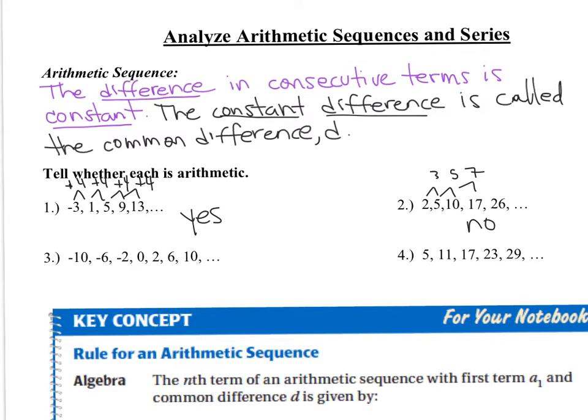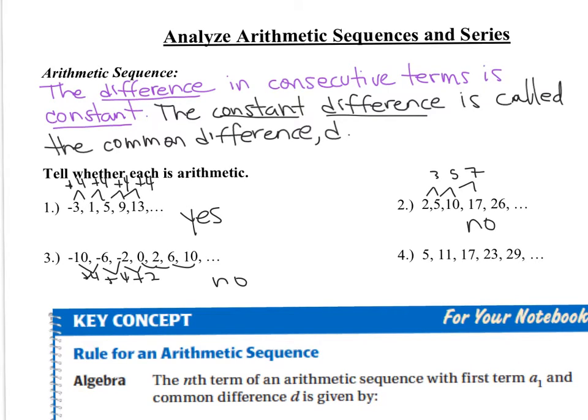For the next one, negative 10 to negative 6, we're adding 4, and then adding 4 between negative 6 and negative 2. And then here's a change from negative 2 to 0, we're adding 2, and then 2 again, then 4 and 4. So this one is not arithmetic.